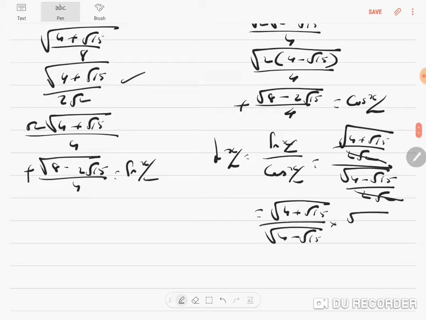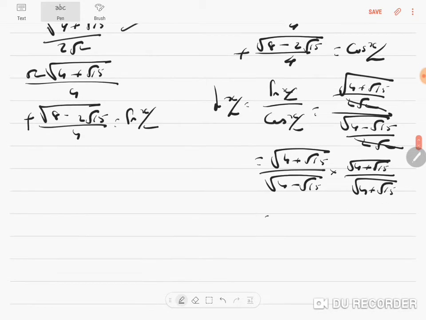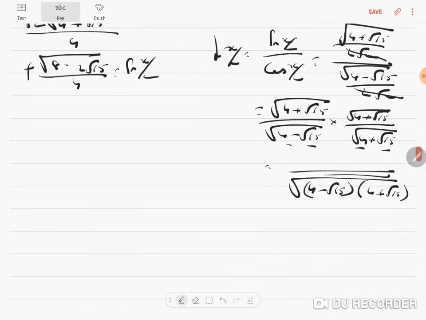On rationalizing this, it will be root of 4 plus root 15 by root of 4 plus root 15, where the denominator is a minus b into a plus b under the root, which is a square minus b square.